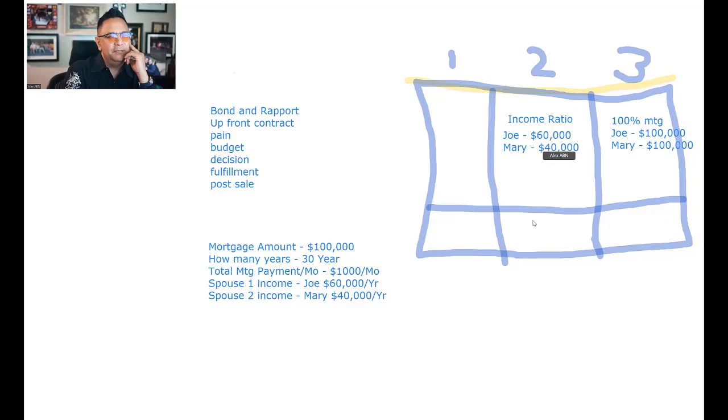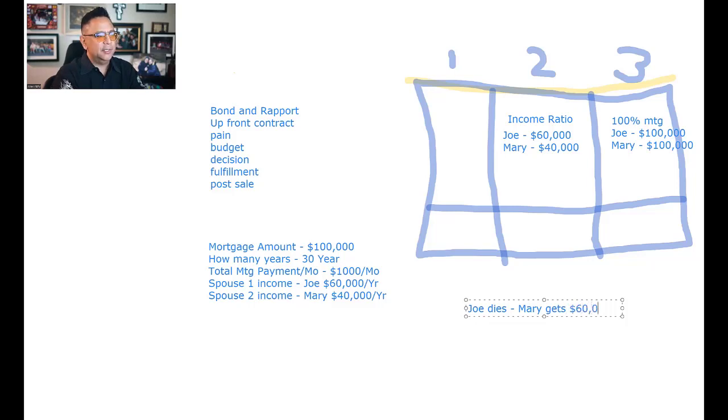So in the scenario where, hopefully you guys can still see this okay, it's not too small. If Joe dies, then Mary gets $60,000. And then what she's going to do is refinance the house.